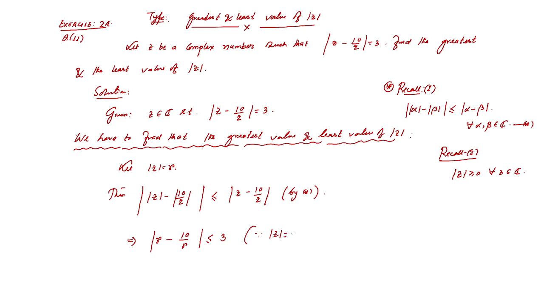Since the modulus of Z equals R and the modulus of Z minus 10 by Z has value 3, this is exactly given.